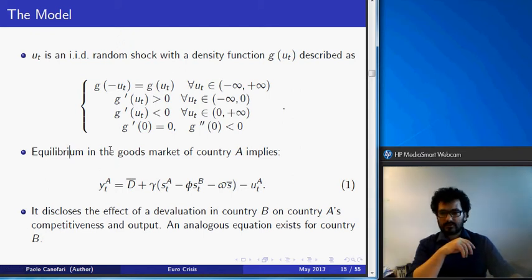Now, the equilibrium in the goods market can be expressed by this equation, in which the output is equal to the aggregate demand.